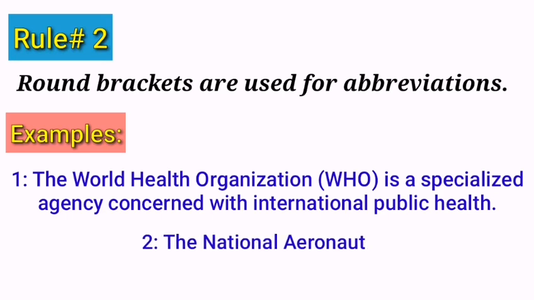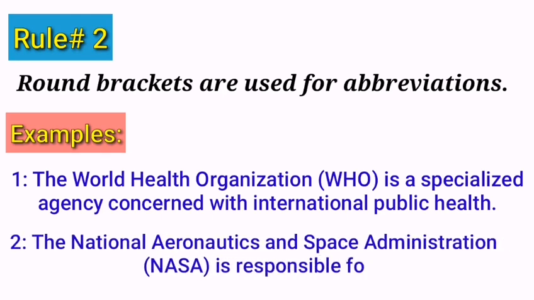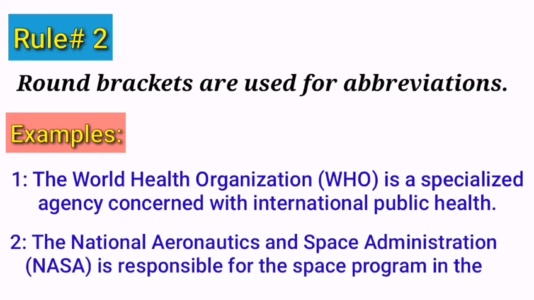The National Aeronautics and Space Administration (NASA) is responsible for the space program in the United States. Again, the abbreviation of National Aeronautics and Space Administration is written inside the brackets. So, this is also one of the uses of brackets.